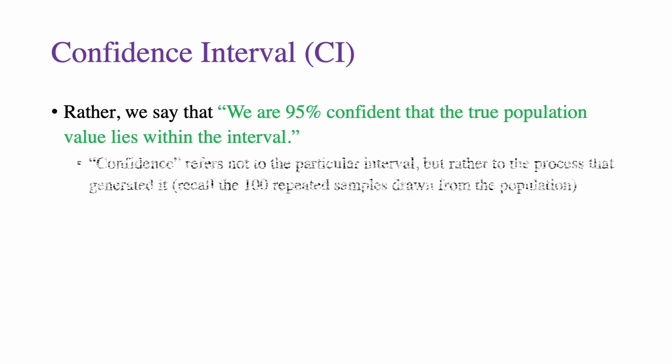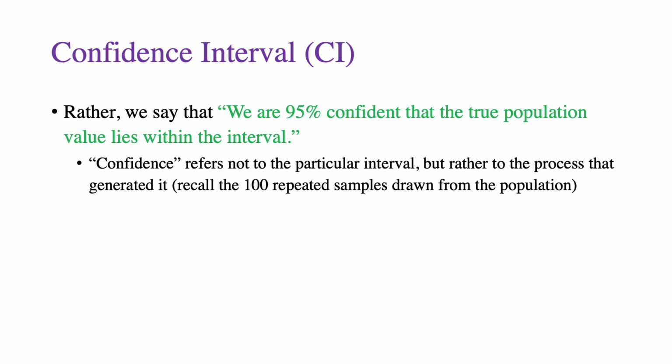The confidence here does not really talk about the interval per se, but rather the process that generated it. Again, recall the 100 times that you drew a sample from the population, and every time you measured the statistic and generated a confidence interval from it.